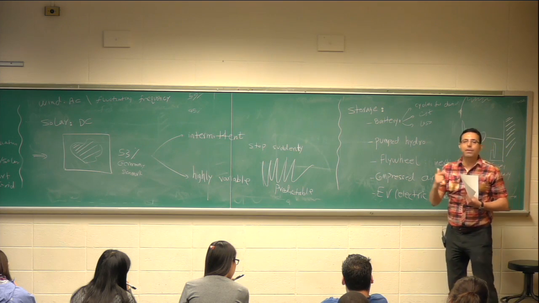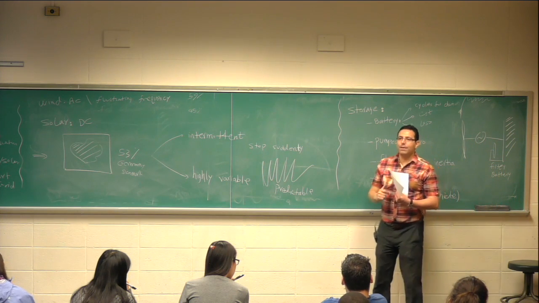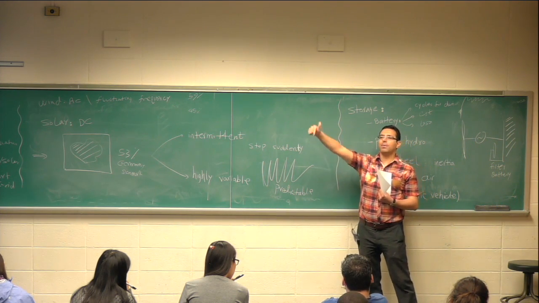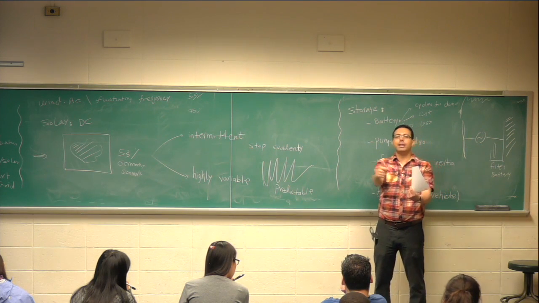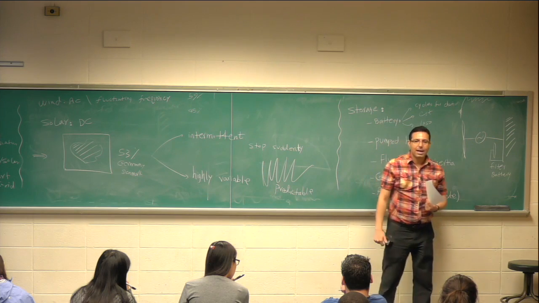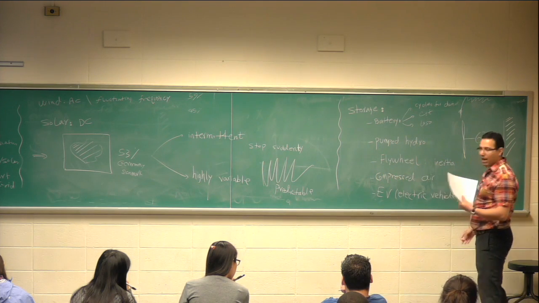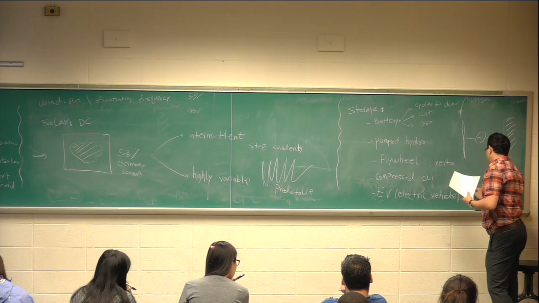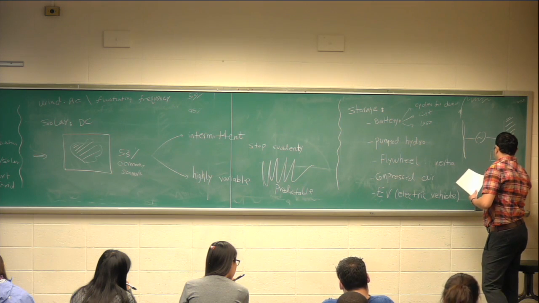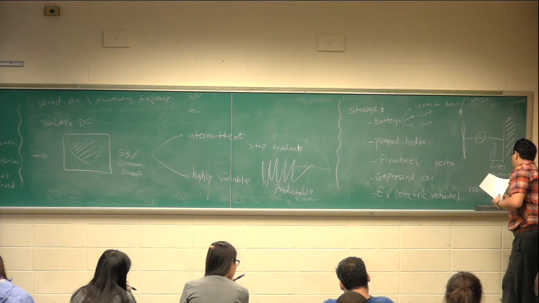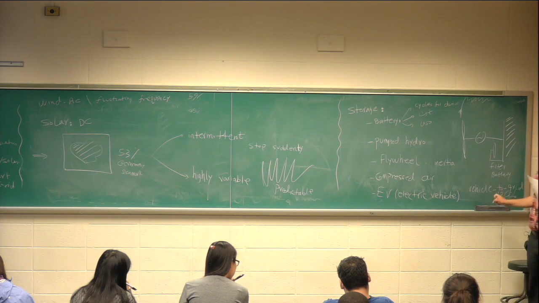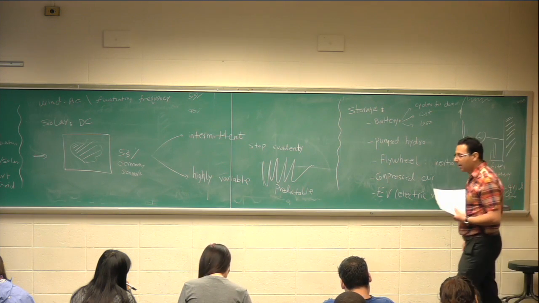How about the other way around? Whenever power is coming from renewable energy, I store it, and my neighbor can use it, send it back. And that notion, which is related to what you mentioned, is called vehicle to grid, or V2G. V2G is vehicle to the grid.